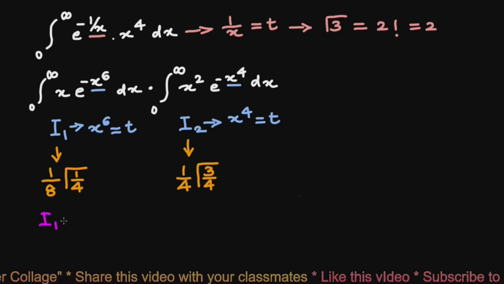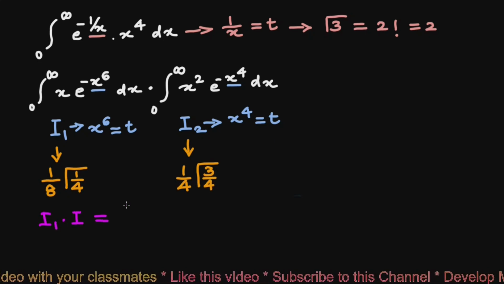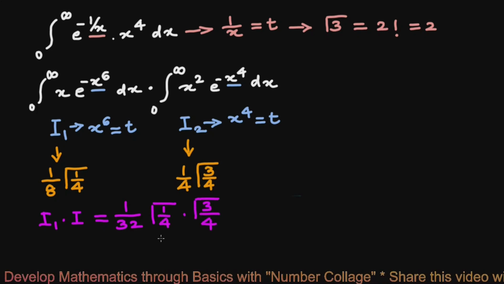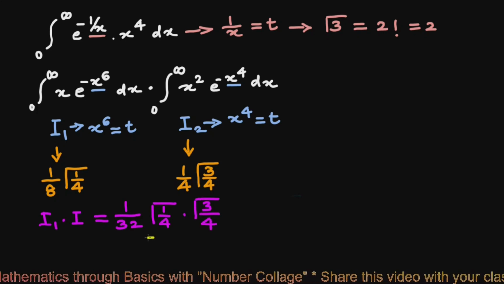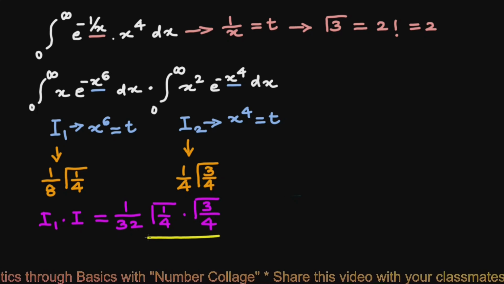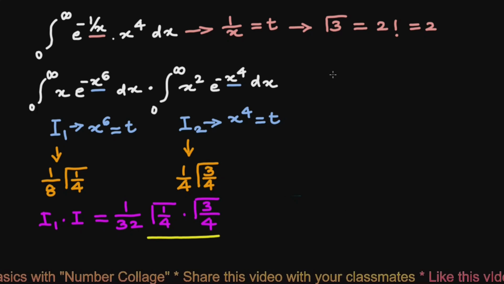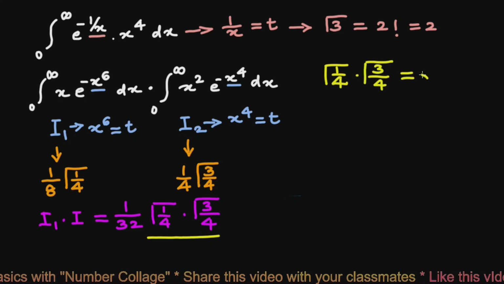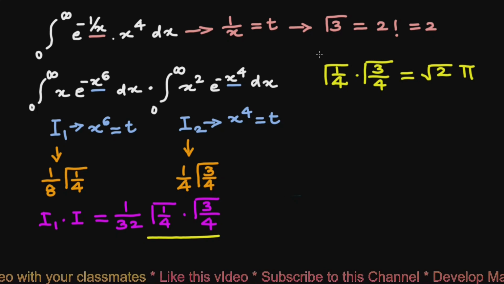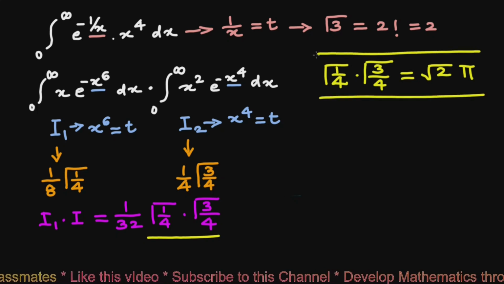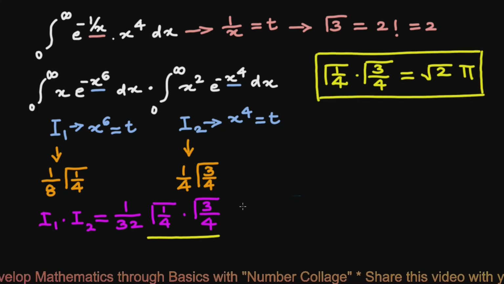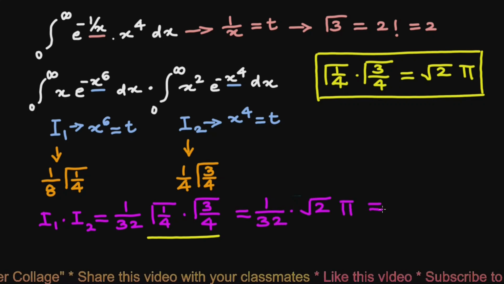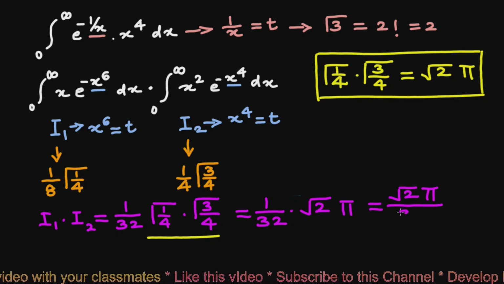So the product I1 into I2 will be 1 by 32 gamma 1/4 into gamma 3/4. Now we have a result for this: gamma 1/4 into gamma 3/4 is square root 2 pi. We will prove this result later on. Hence, I1 into I2 will be 1 by 32 into root 2 pi, that is root 2 pi by 32.